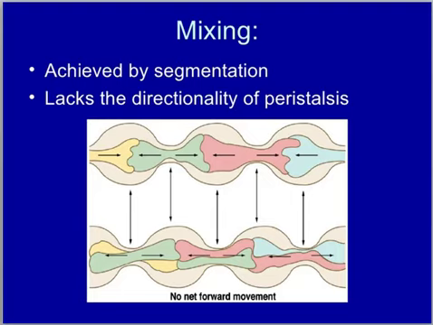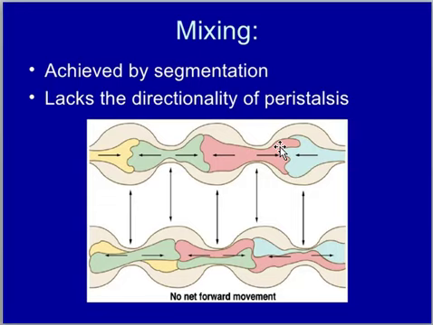The other type is called segmental or segmentation. In this type also there is contraction of the circular and longitudinal muscle of the tube of the GIT. But this type of movement is very important in the mixing of the content and more exposure of the content to the mucosa for more absorption.